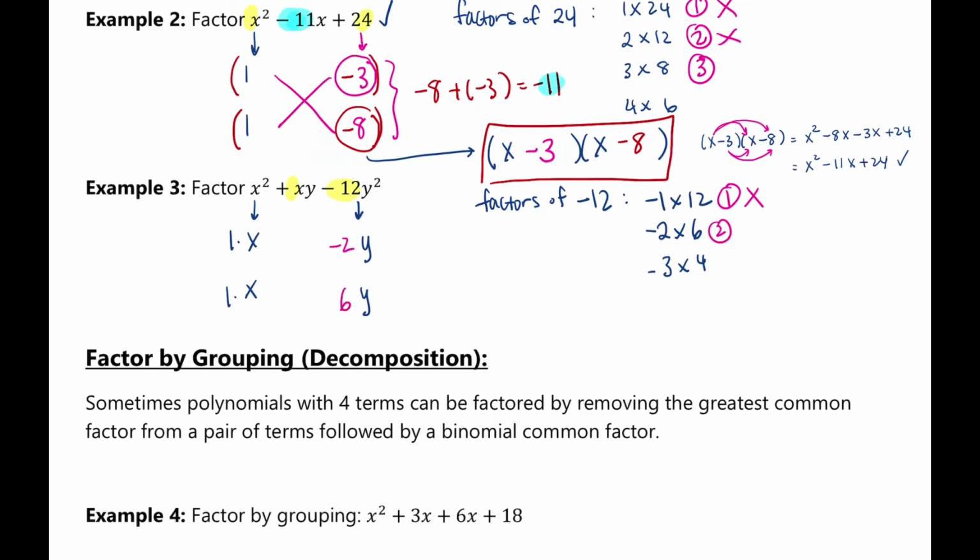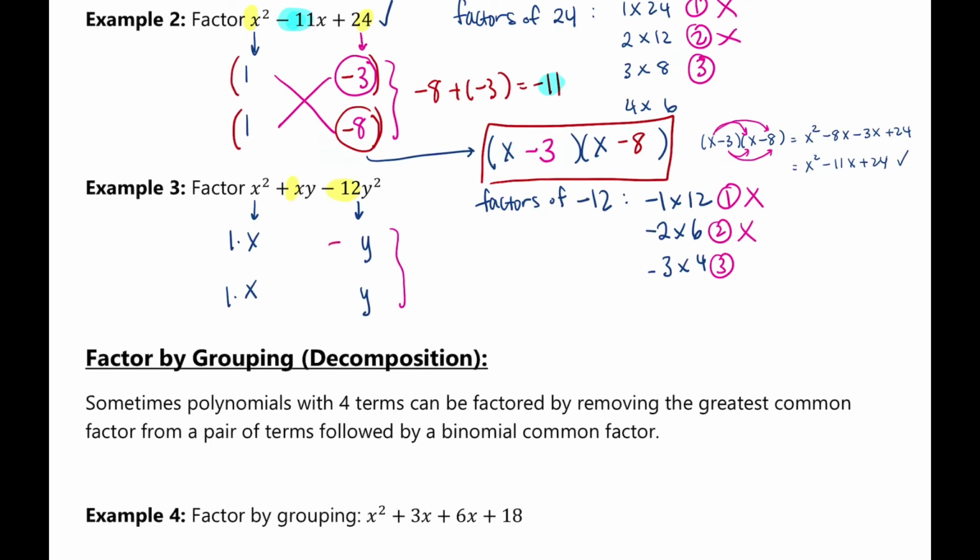Let's take a look at number 2. 2 and 6. Okay, it's getting closer. So cross multiply and add. So we have 6xy minus 2xy. This is positive 4xy. All right, this won't do either. There's a last option here.